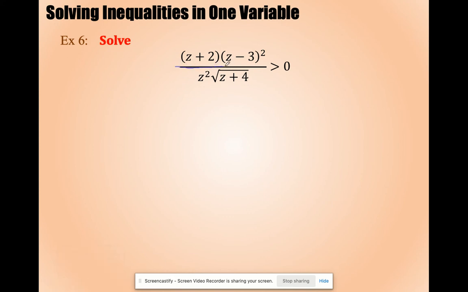I have a fraction, so I'm worried about division by 0, and I'm also worried about a radical, which means I can't have things less than 0 under here. But, so what does this mean? Now look at z. Z is being squared, isn't it?